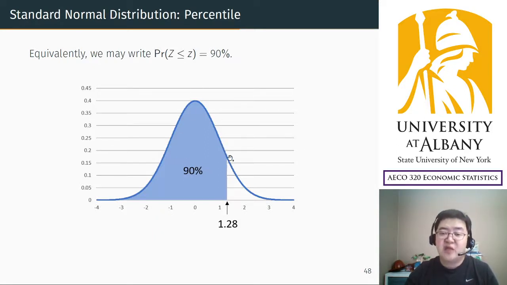So top 10% value implies that there is 90% below that value. This is an equivalent expression. Of course, the top 10% value equals the bottom 90% value. It will be 1.28, right?